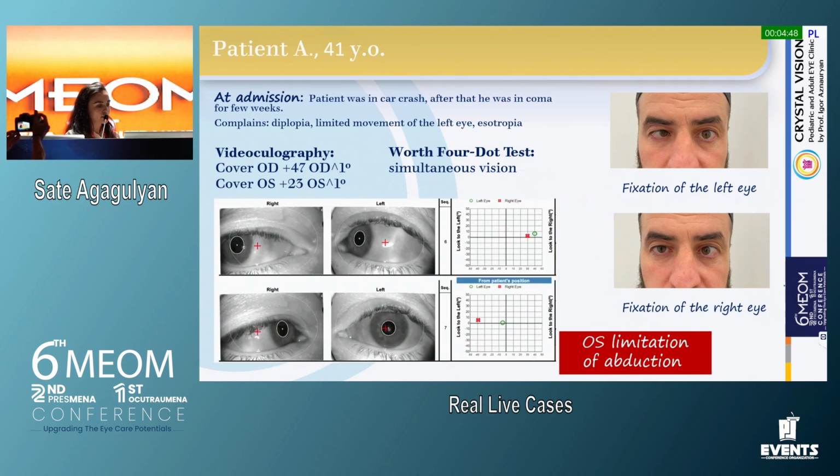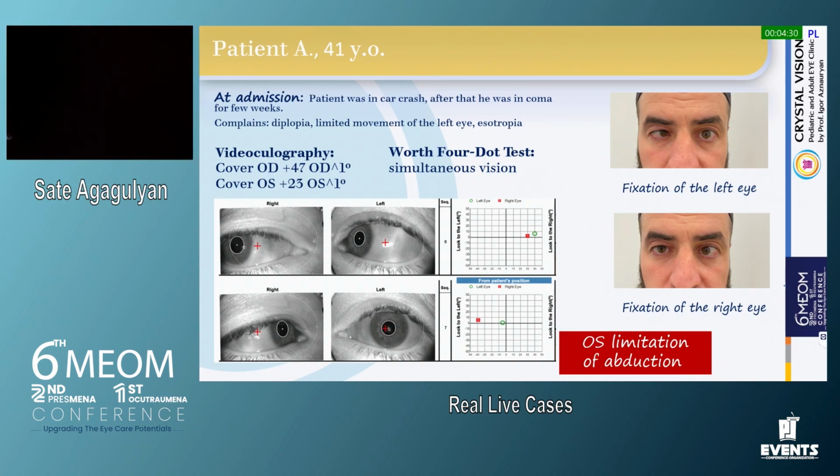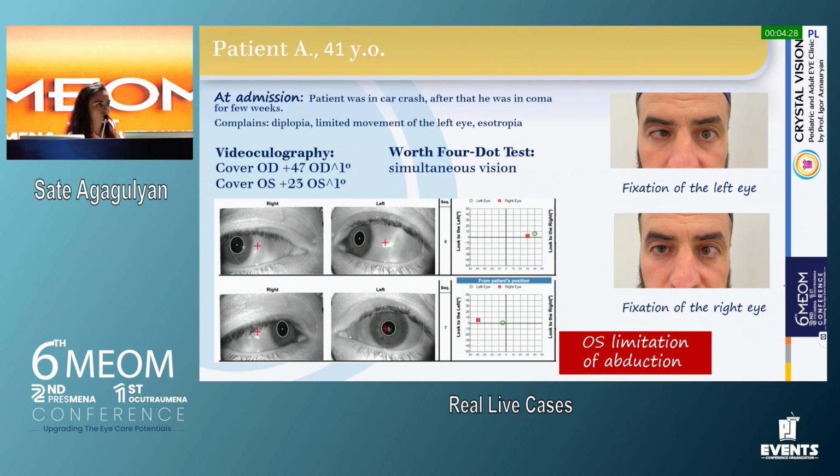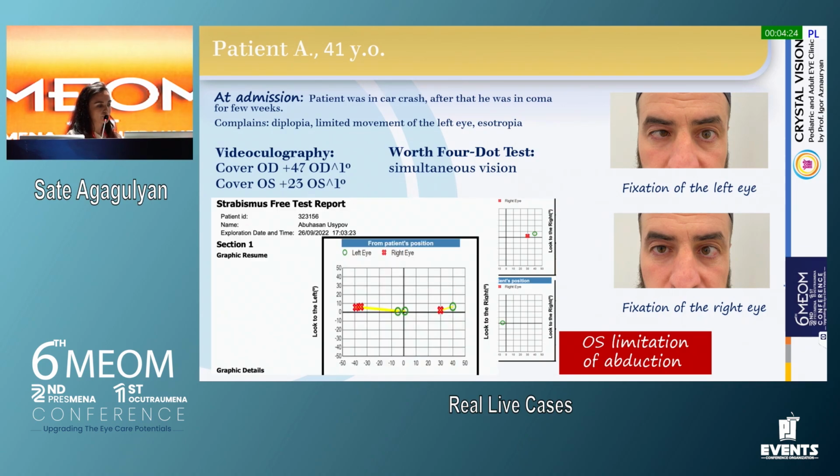Here we can see in this video oculography that when the patient is looking to the right side, his eyes are moving identically. In the left eye, we see that the green point is not moving. This shows the limitation of abduction.